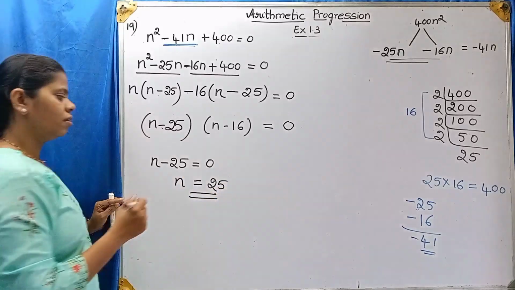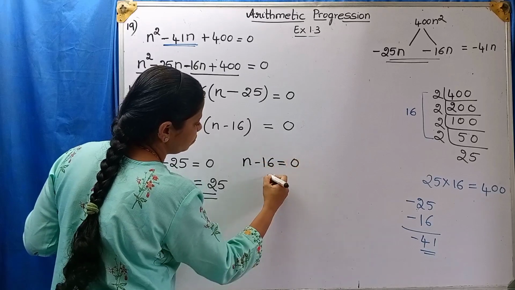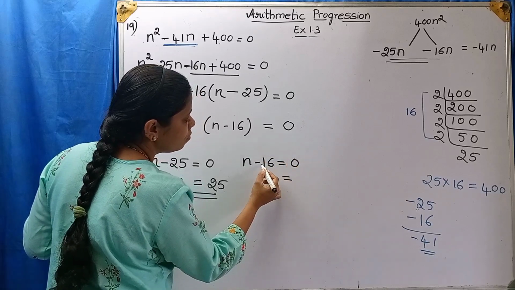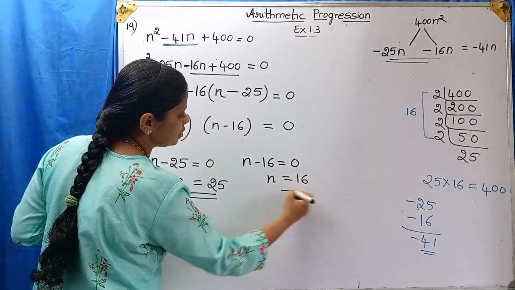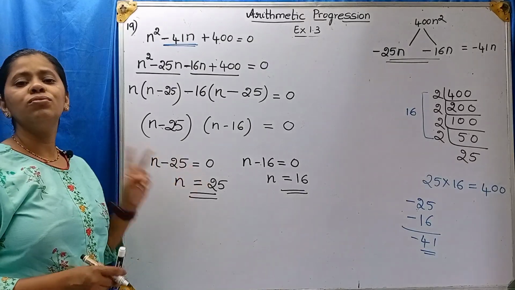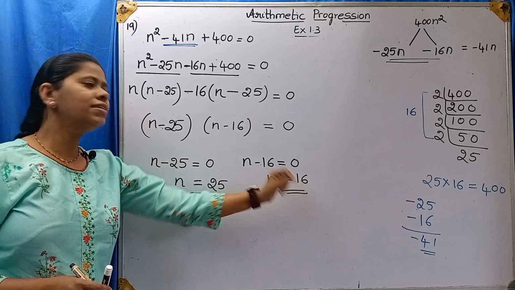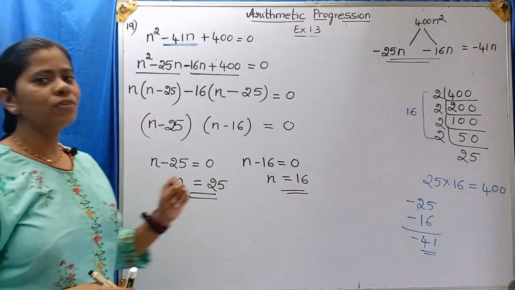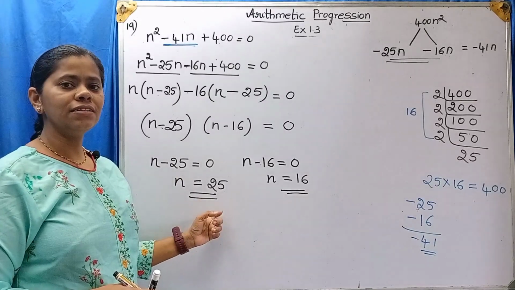Right? n minus 16 is equal to 0. n is equal to minus 16, when it crosses this is equal to sign, it will become plus 16. Now see here, we have got two answers. n is 25 and the value of n is 16. But we have to get only one answer for n, right? Which is correct in this?